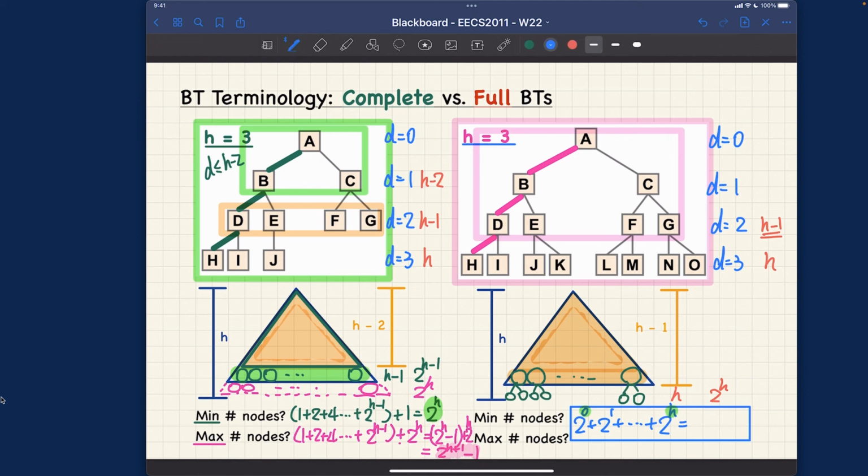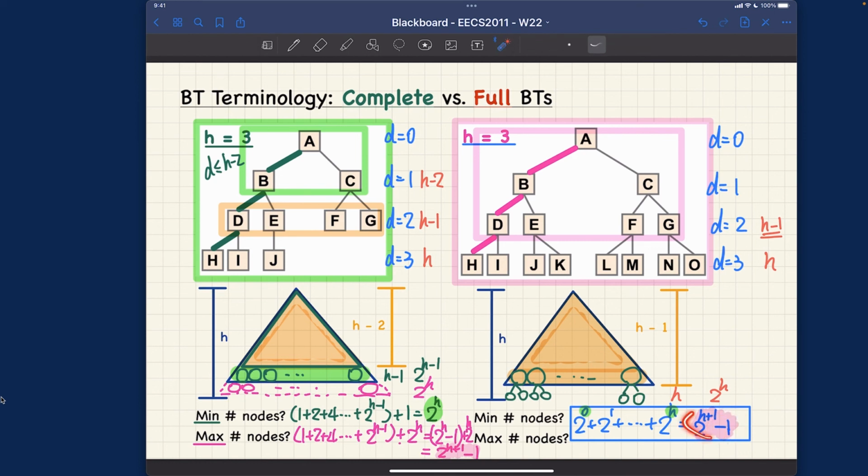So that means we have 2 to the power of h plus 1, and then minus 1. I simply apply the formula for geometric sequence. If you're wondering about exactly how this formula is applied, you should review it, which we spoke about in detail earlier. So this will be the minimum and maximum at the same time: 2 to the power of h plus 1 minus 1.